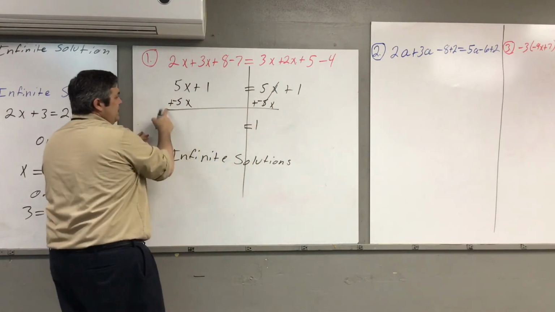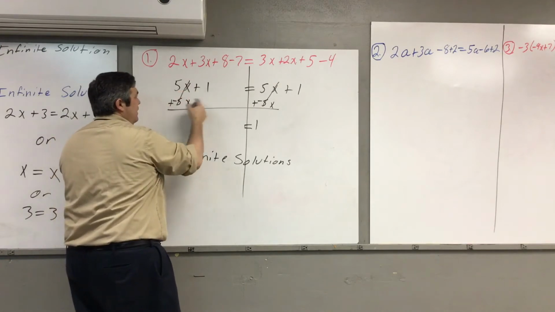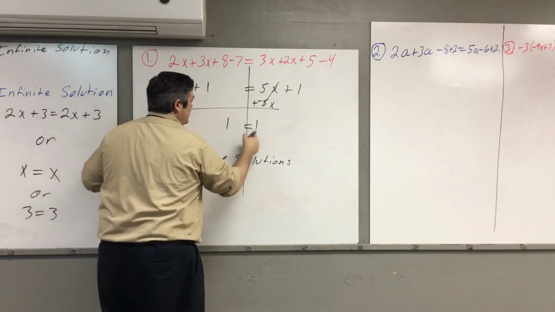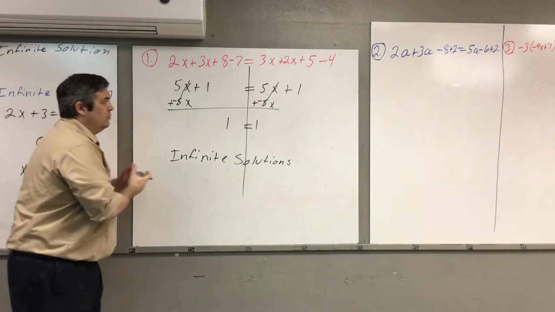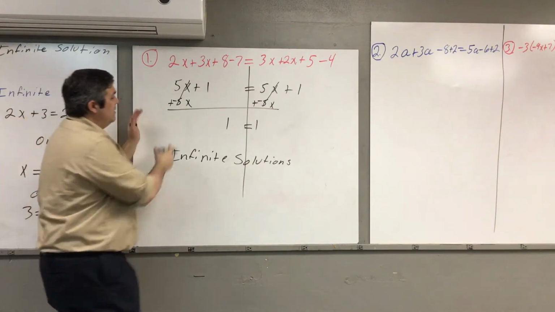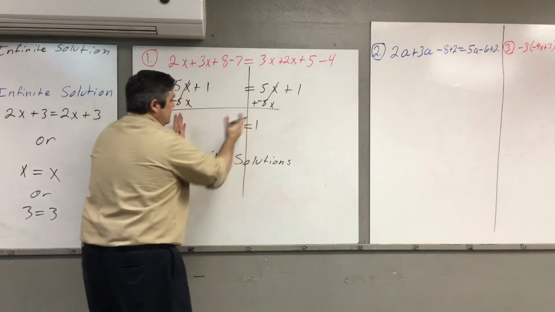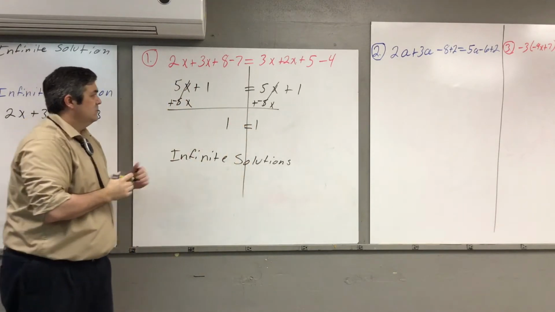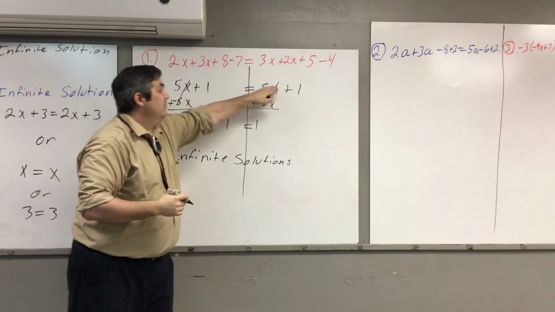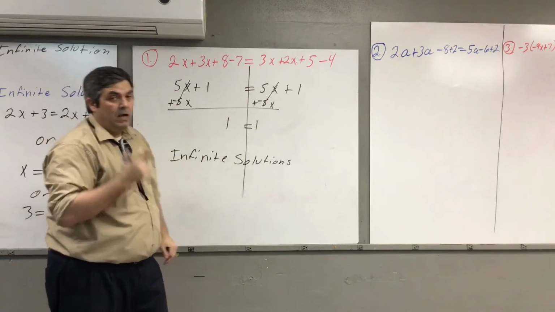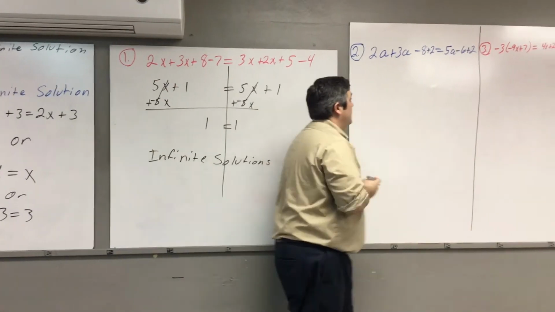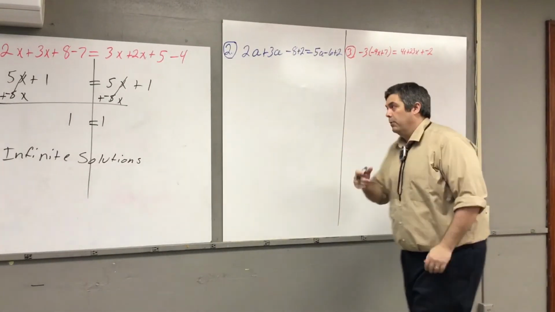And then whenever I did this, this would cancel out and leave me just 1. So 1 equals 1, so I have infinite solutions. That's what that's going to kind of look like. But again, I could have stopped earlier, because as soon as I recognized that they were identical, I knew I had infinite solutions.